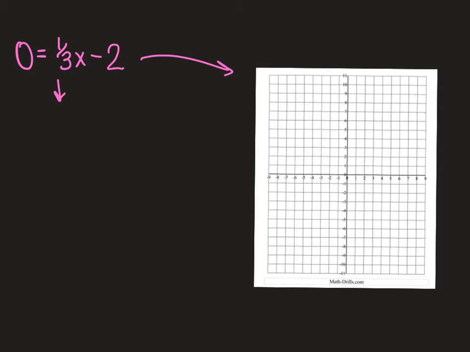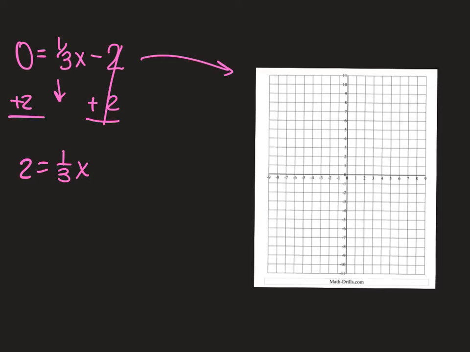If I'm going to solve it algebraically, I need to get x by itself. And right now, x is attached to the 1/3. It's also attached to the -2. So this is a two-step equation. I want to get rid of the 1/3 and the -2. Let's get rid of the 2 first because that's backwards of PEMDAS. I'm going to add 2. Add 2, add 2. Cross out, what's my answer? 0 plus 2 is 2.